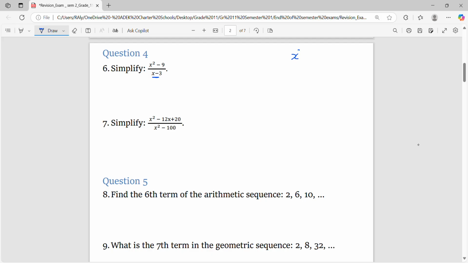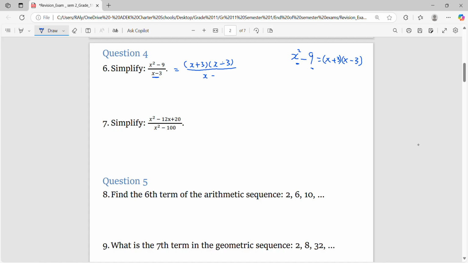Open two brackets, x and x, and 9 is a square number, we can write it as 3 multiply 3, one plus and one minus. So this is the factorization of the numerator: x plus 3, x minus 3, over x minus 3.